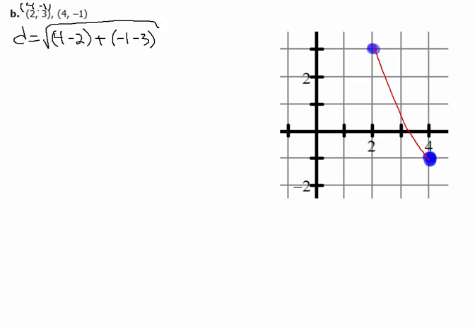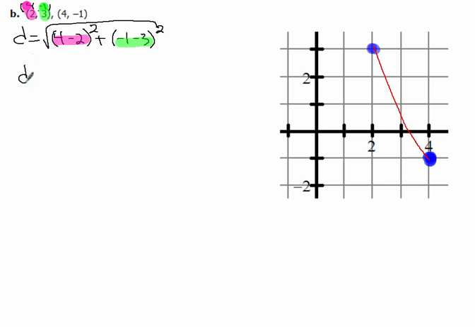And again, we want to make sure that we pay attention to where those pieces come from. 4 minus 2, and then the negative 1 minus 3 come from there. Now you have to be careful when you write your distance formula. Make sure you extend the radical symbol and don't forget to add the squares. So you've got the squares there.